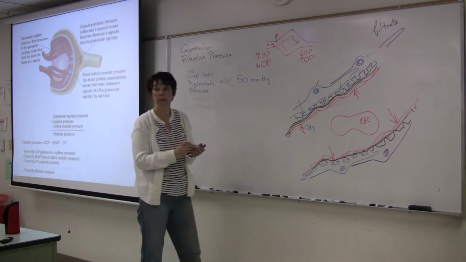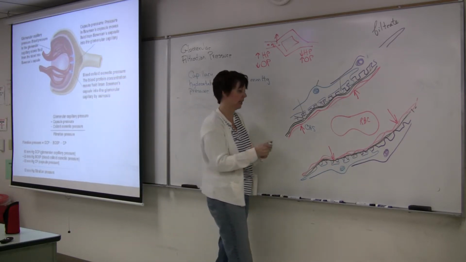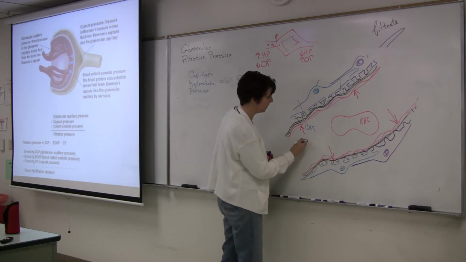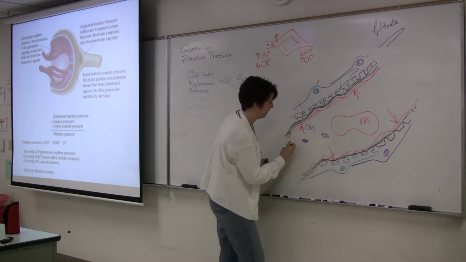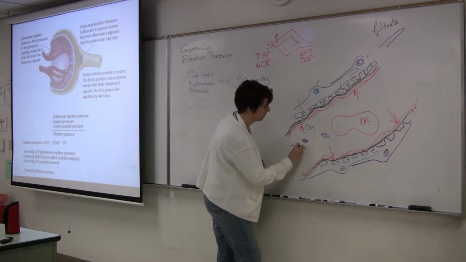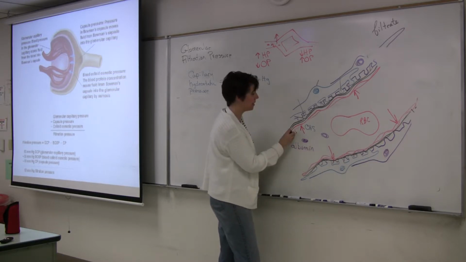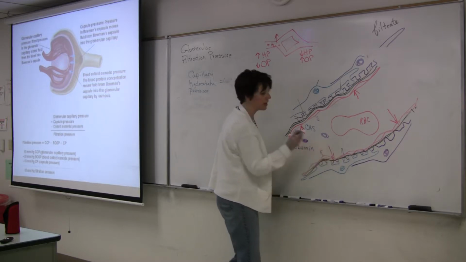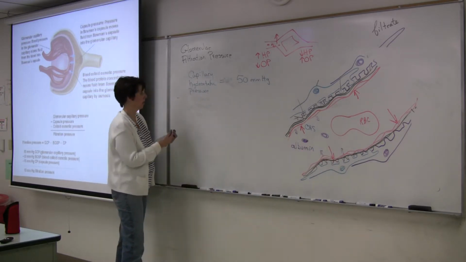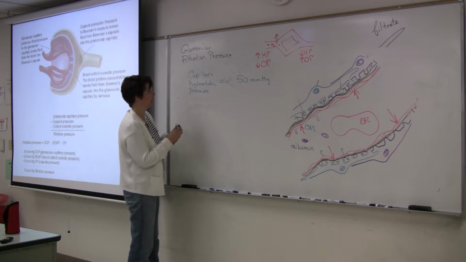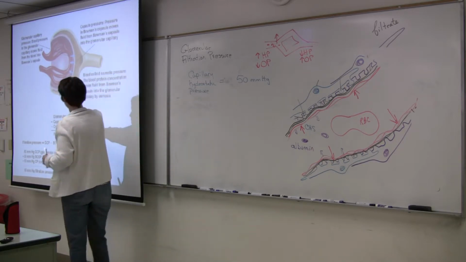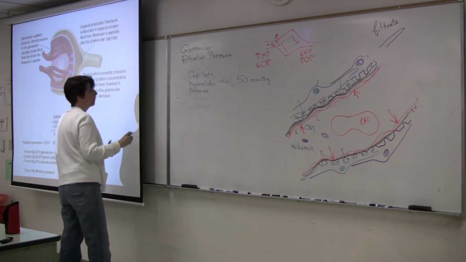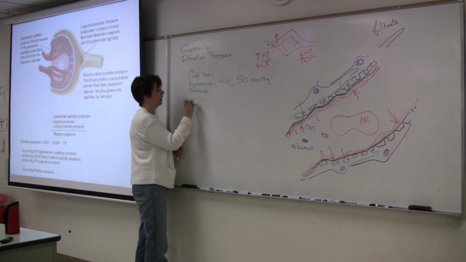All right? But we also have proteins in blood. Remember what the major osmotic protein in blood is? Albumin. So albumin is going to create an opposing osmotic pressure. That is what's called the colloid osmotic pressure, in the capillary.